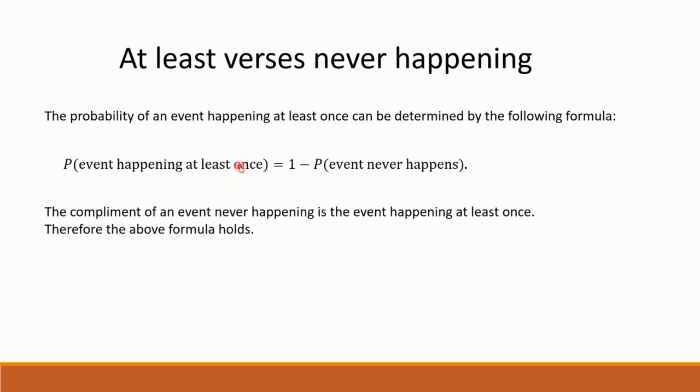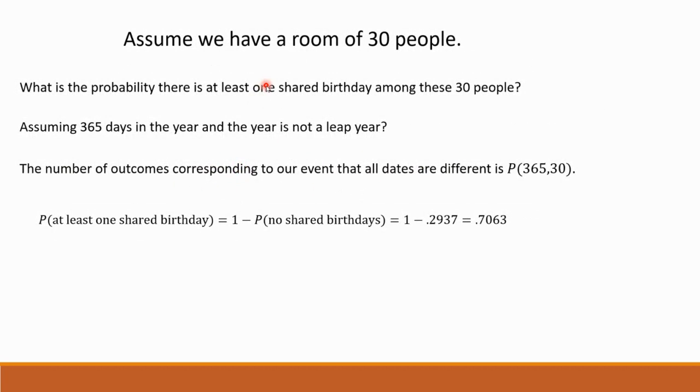Now for the birthday problem, what's the probability that in a room of 30 people there's at least one shared birthday? Well, again, it's really just based on what we did before. We get the probability that no birthdays are shared and subtract it from 1.